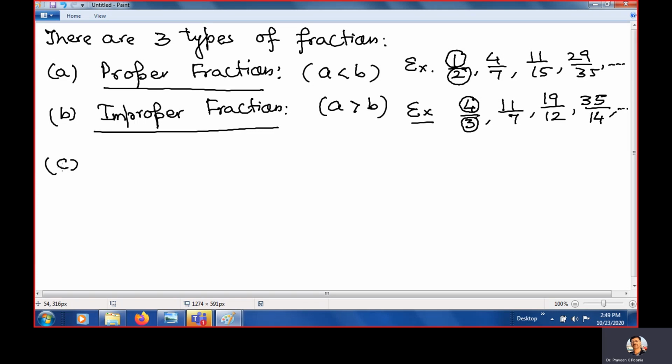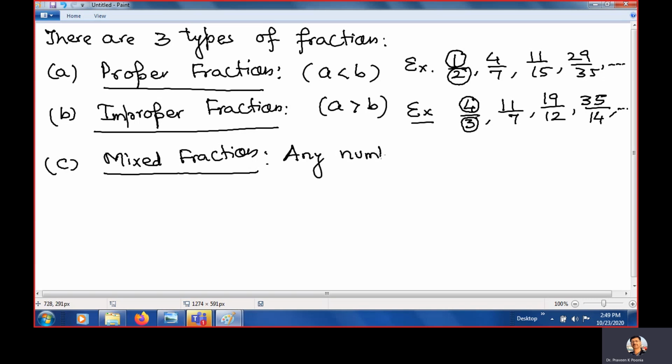And then the third one is defined as a mixed fraction. Mixed fraction means any number written in the form, what form? 2 and 1 by 2.